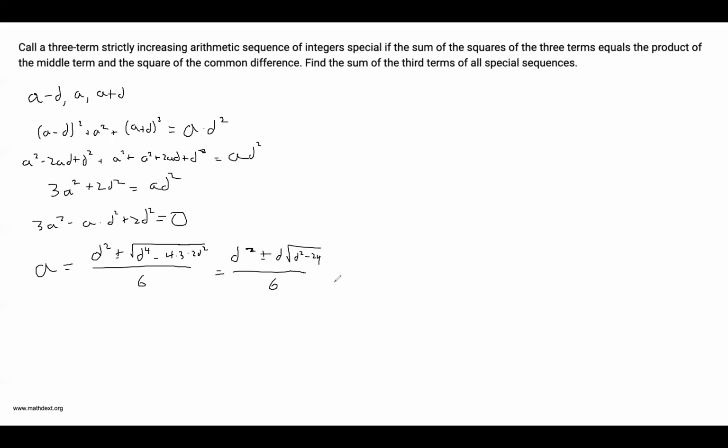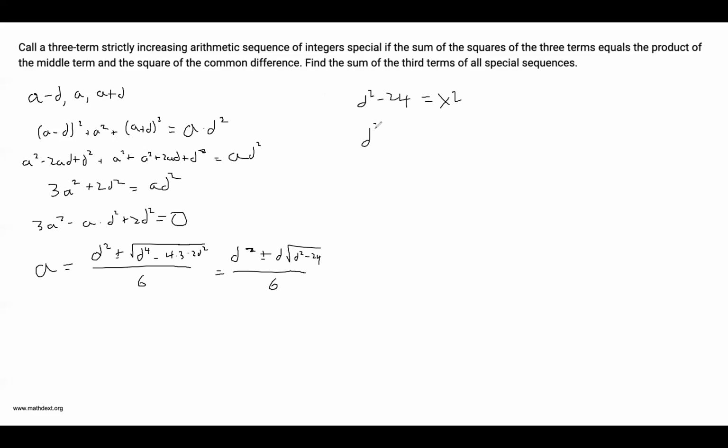But we are given that a is an integer, and for a to be an integer, a has to be a rational number, which means that the thing inside the square root, d squared minus 24, has to be a perfect square. So we can write d squared minus 24 equals x squared for some integer x.